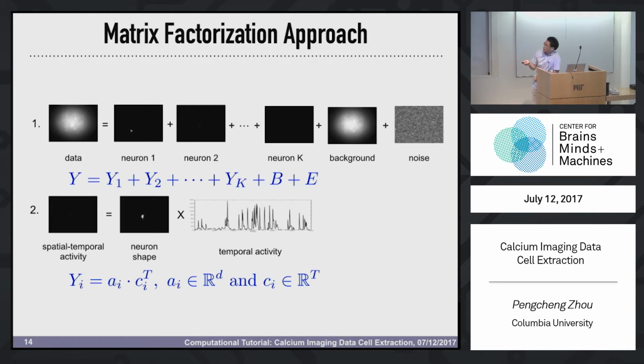For the spatial temporal activity of each neuron, Yi is represented as a column vector ai times the row vector ci transpose. ai is an image, so it's a vector, and ci is another vector representing the fluorescence intensity of each neuron. You can think of it as the calcium concentration for each neuron.